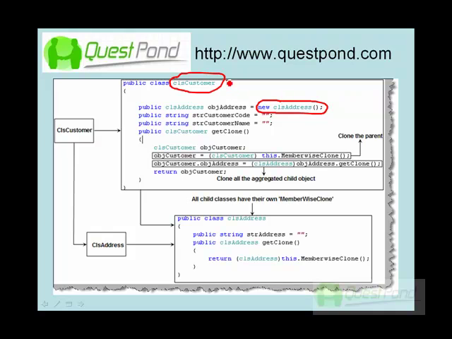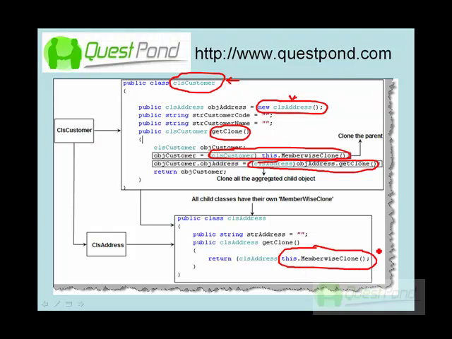Now if I just clone this customer class and I don't clone the address, then that is called shallow cloning. But now over here when I say get clone, the first thing that happens is it clones itself, that is the customer's MemberwiseClone. Then it also calls the address clone because we want to do deep cloning, and address has implemented its own MemberwiseClone method.